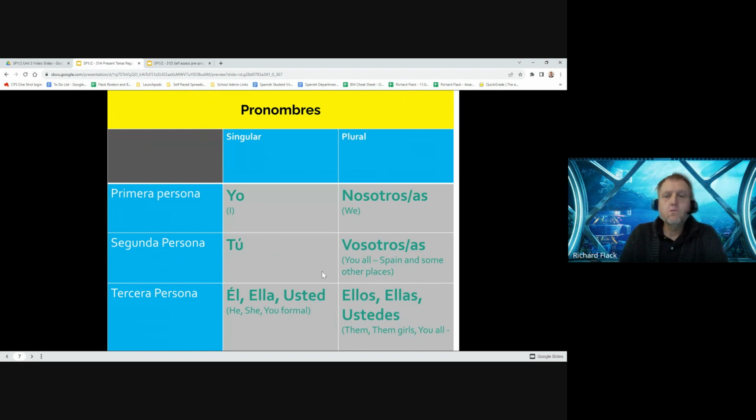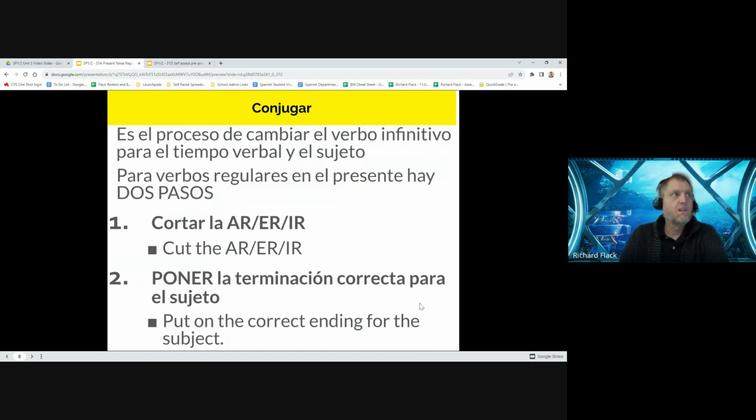Okay, so we use this chart to help us learn and memorize our verbs and our verb endings when we do a process that is called conjugar, to conjugate. To conjugate is el proceso de cambiar el verbo infinitivo para el tiempo verbal y el sujeto.